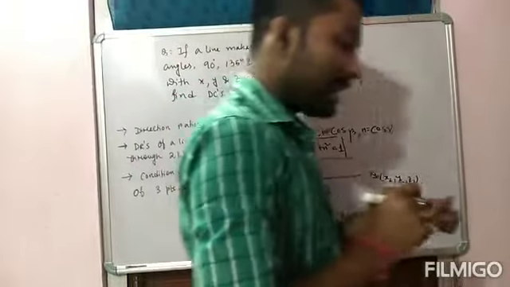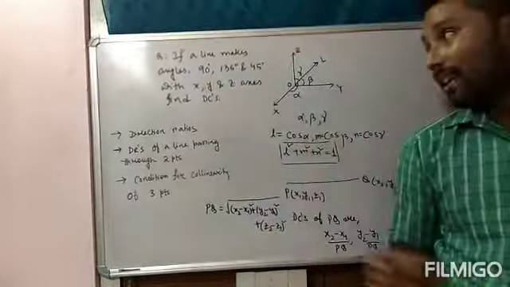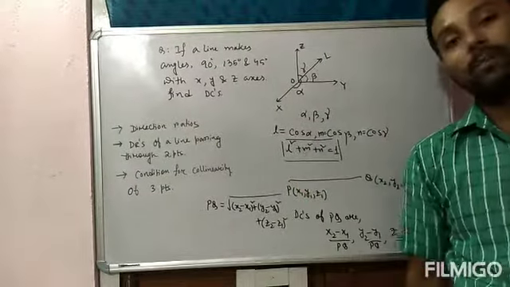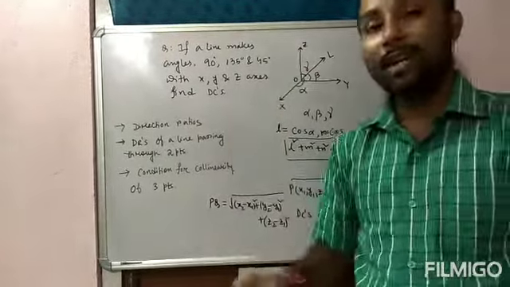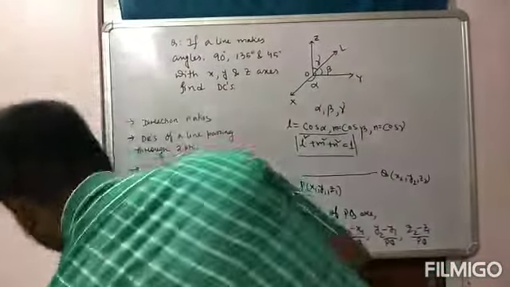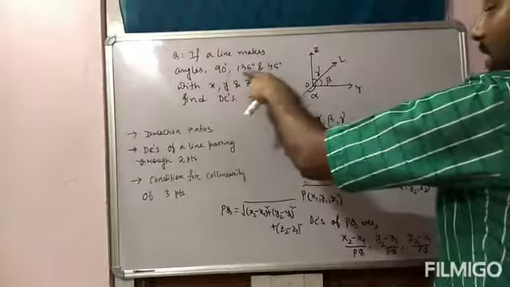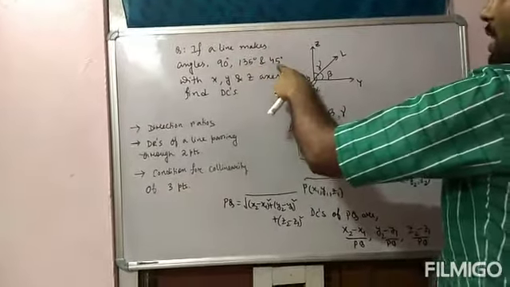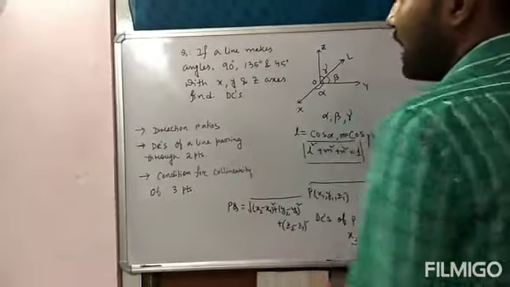Whenever the angles are given, you have to use the first formula because the values of alpha, beta and gamma are given. This is not like x1, y1, z1, x2, y2, z2, right?